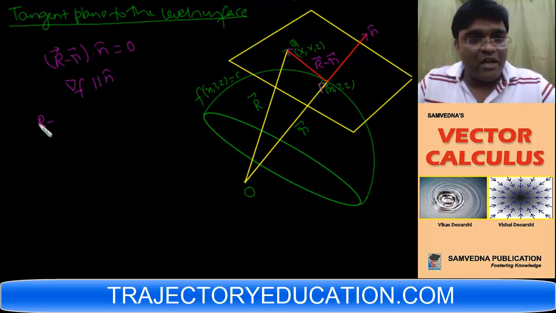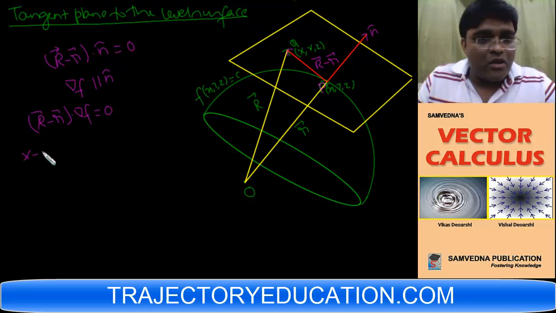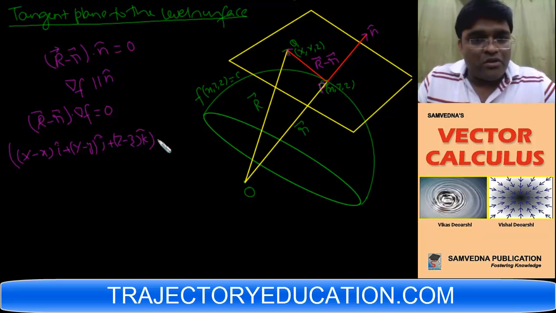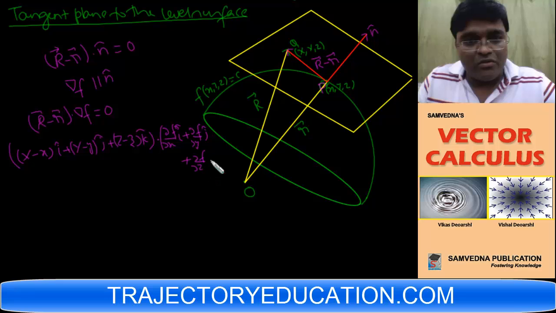So I can write (capital R minus small r) dot del f is 0, or (X minus x) i plus (Y minus y) j plus (Z minus z) k, dot (dou f by dou x i plus dou f by dou y j plus dou f by dou z k) equal to 0.